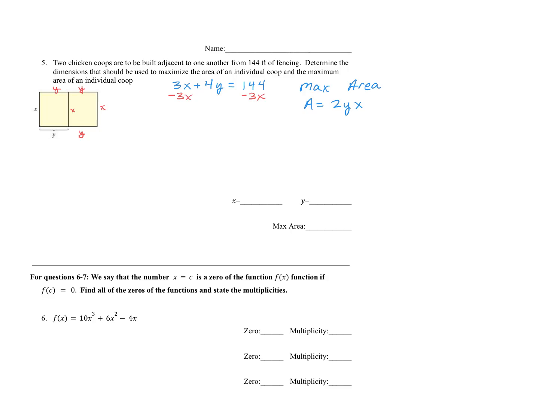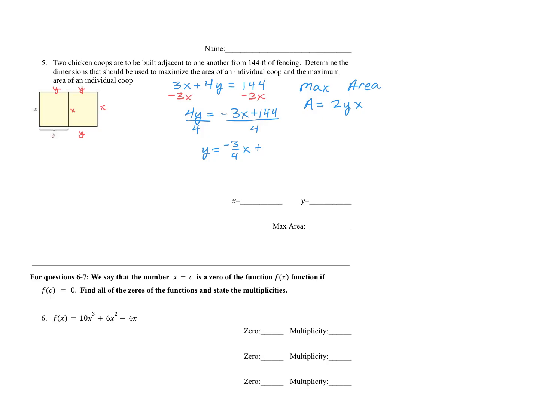That gives us 4y is equal to a negative 3x plus 144. Then divide both sides by 4. And you end up with y is equal to negative 3/4 x plus the number 36. That's what I get when I calculate those out.